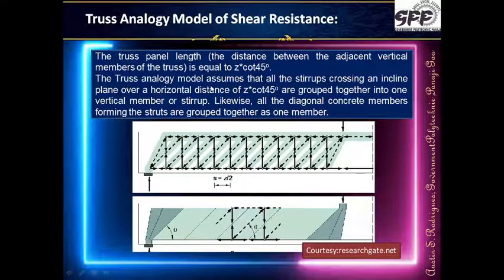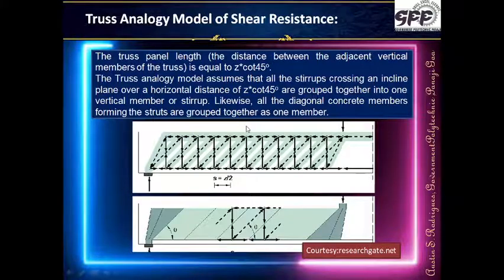The truss analogy model assumes that all the stirrups crossing an inclined plane over the horizontal distance of Z cot 45 degrees are grouped together to form one vertical member or stirrup. What happens over here is that these two are assumed to be acting as one, similarly these two are assumed to be acting as one.